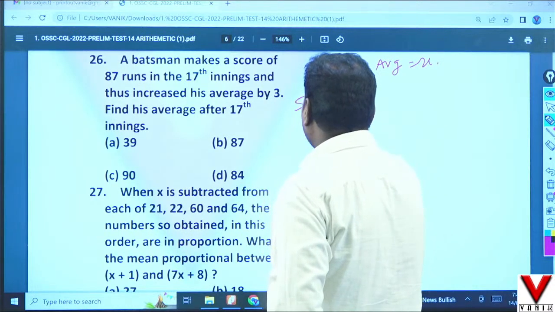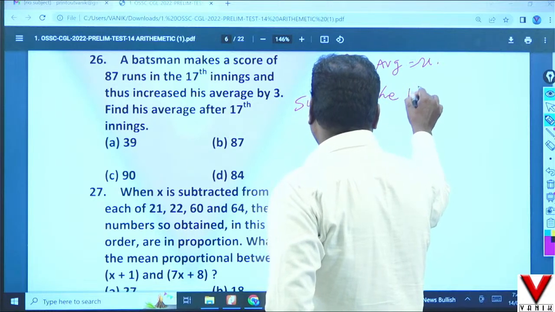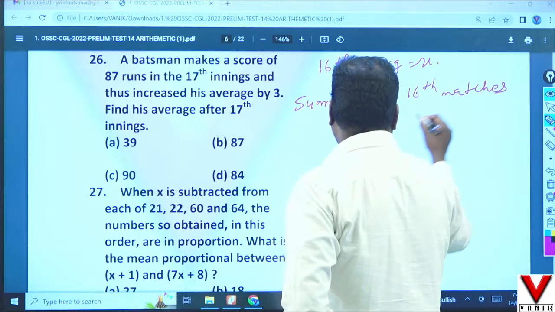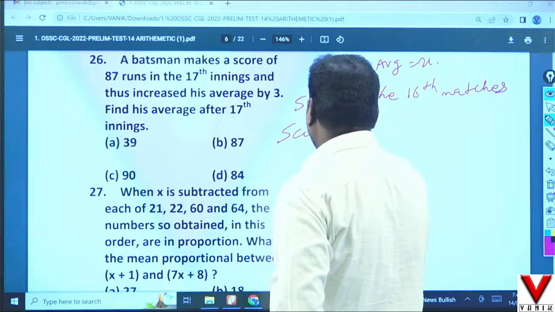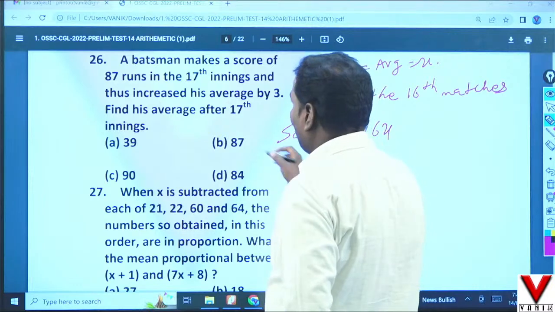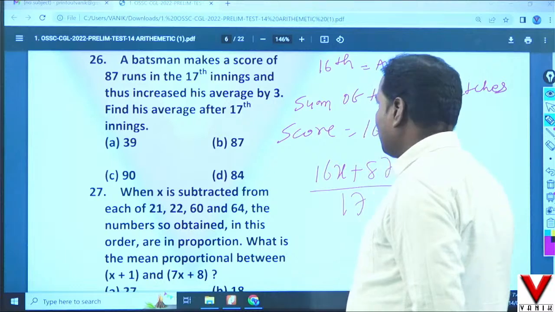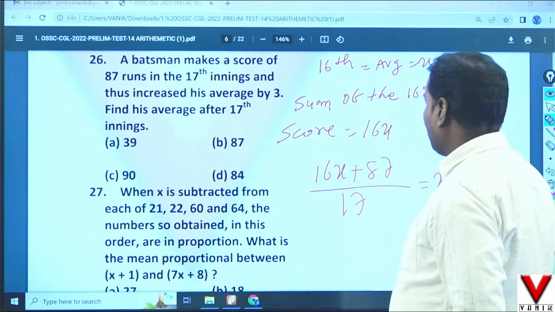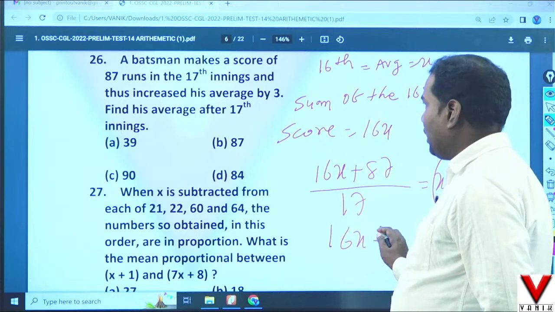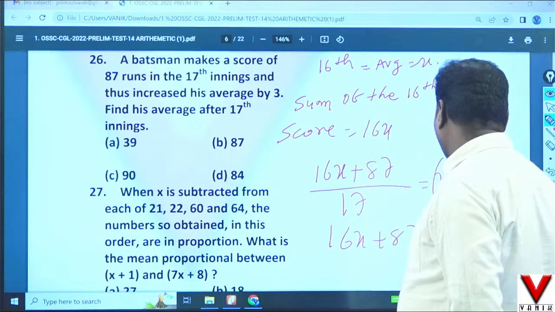Then the sum of the 16 matches' score is 16x, and in the 17th innings the run is 87, divided by the total number of matches, 17, is equal to x plus 3. Then I can write 16x plus 87 is equal to 17x plus 17 times 3, which is 51.